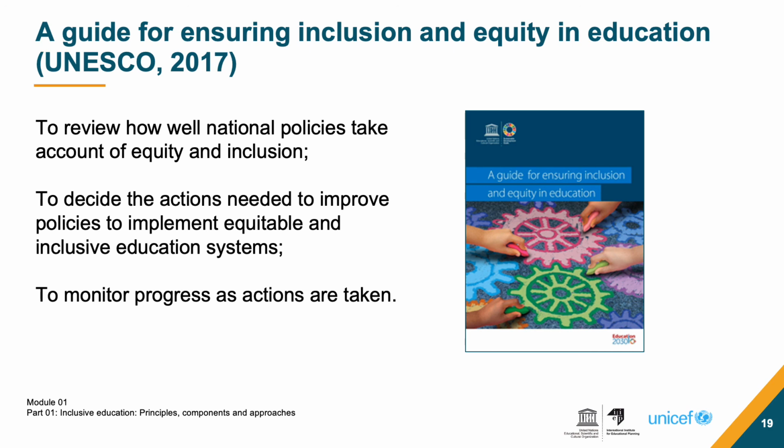Creating system-wide change for overcoming barriers to quality education lies at the heart of this process, ensuring access and participation and ensuring that all learners are valued and engaged equally.